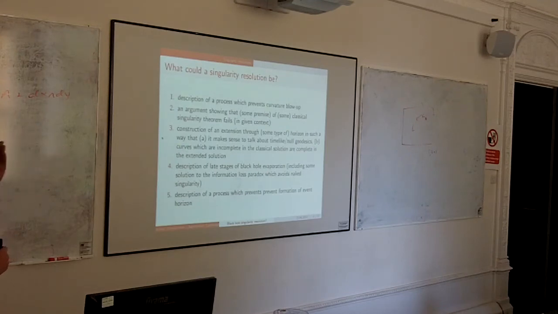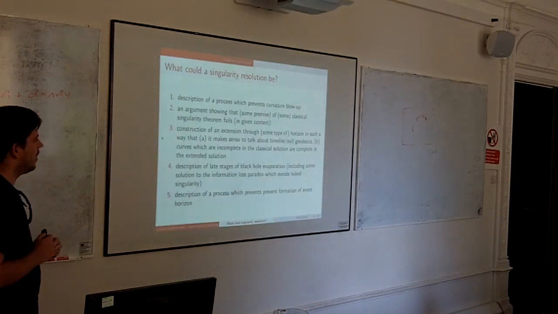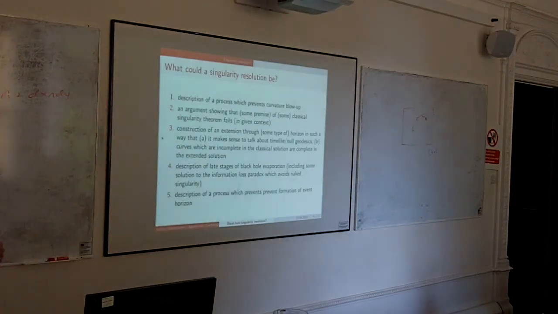Of course, a super minimal version of what singularity resolution is, it's just an argument to the effect that some of the premises of some of the relevant classical singularity theorems fail in some given context. But that's of course not enough.